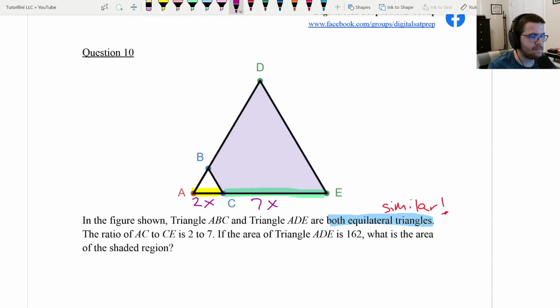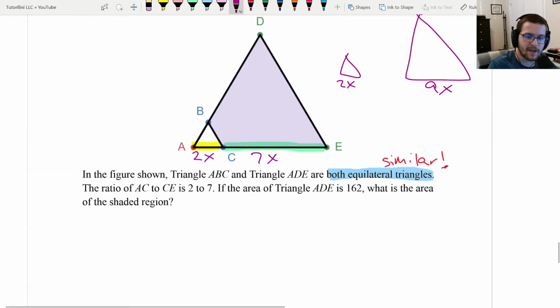Now you see, if we break this into the two, the small and the big triangle, the small one has a length of 2x, but then the big one has a length of this entire side, 2x plus 7x, which is 9x. Now we have two corresponding lengths, so we can calculate the length scale factor.